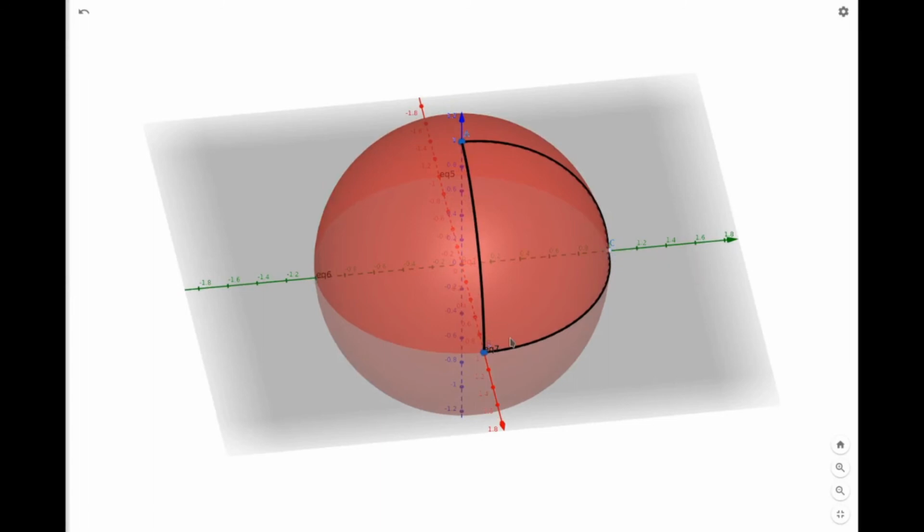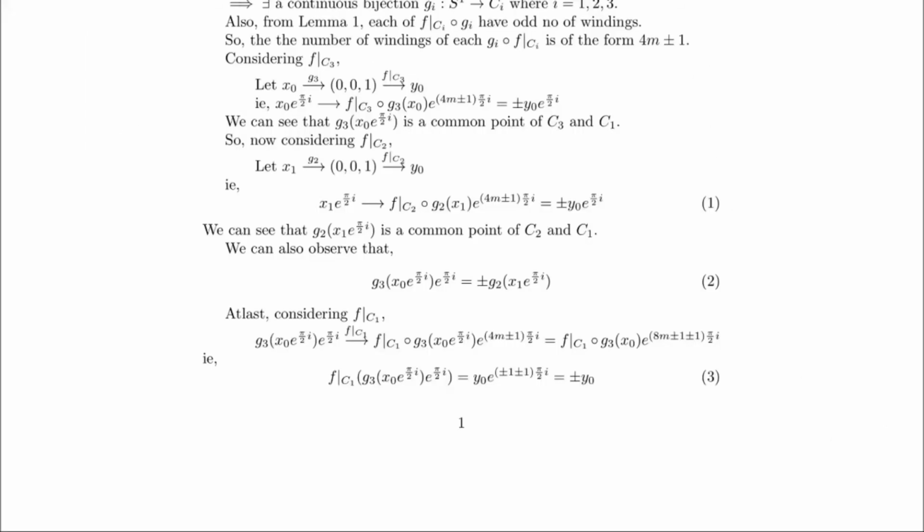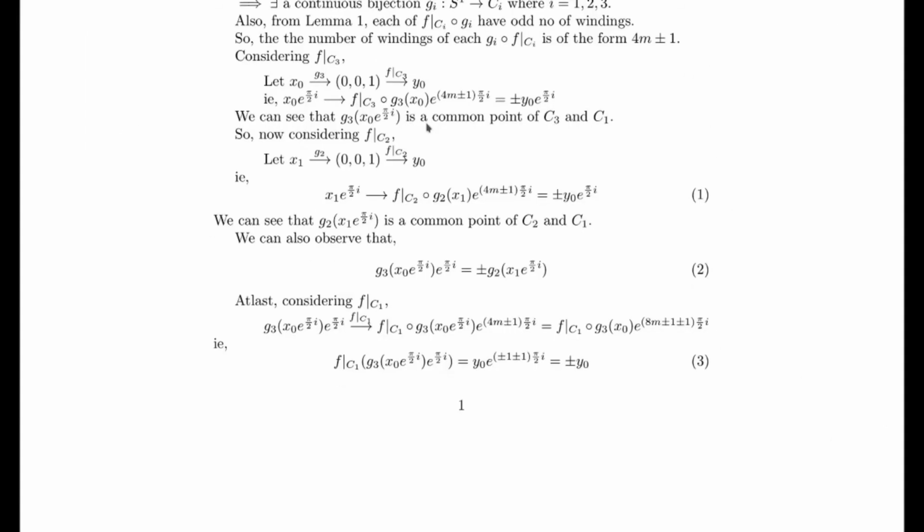So if we have taken the point as this, it will also be the same, because the pi by 2 rotation is plus or minus. We are taking it as plus or minus, so it doesn't matter which point we choose. So obviously the pi by 2 rotation of this point will give us this point.